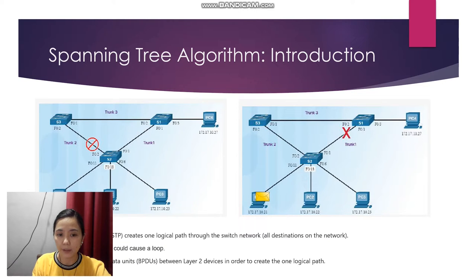So the port on S2 blocks so that traffic can only flow one way between any two devices. When trunk 1 fails, the blocked port on S2 is unblocked and traffic can flow between S2 and S3.